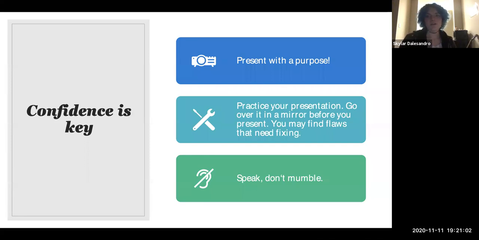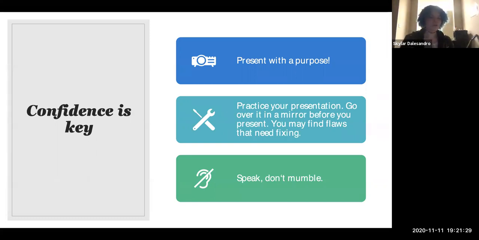Practice your presentation. Go over it in a mirror before you present. You may find flaws that need fixing. This is something that I did. You will spend so much time designing and trying to do everything you can to create the perfect hack, the perfect solution to this problem, that maybe you'll get so detailed in one thing that you won't realize that this part of your hack makes no sense compared to this part of your hack.